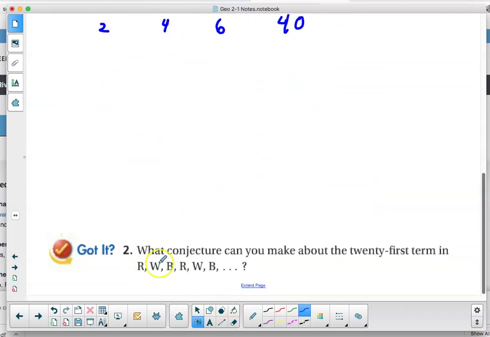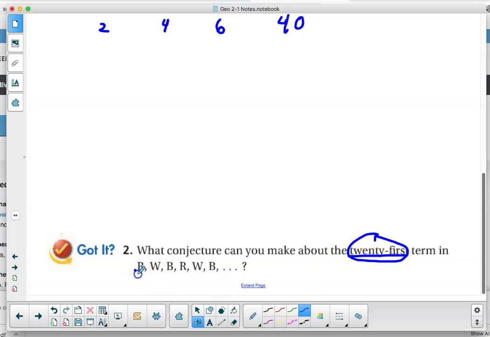Now, what conjecture can you make about the 21st term in the red, white, blue pattern? Turn me off, figure it out, go. Okay, welcome back. Now, the 21st term is a multiple of 3, not a factor. 3 is a factor of it.